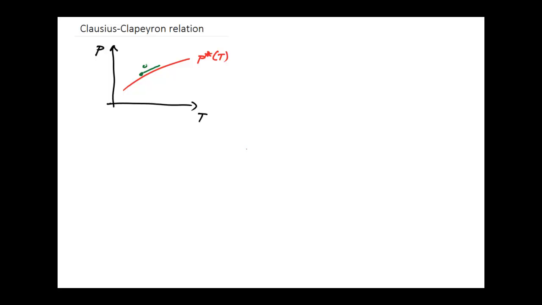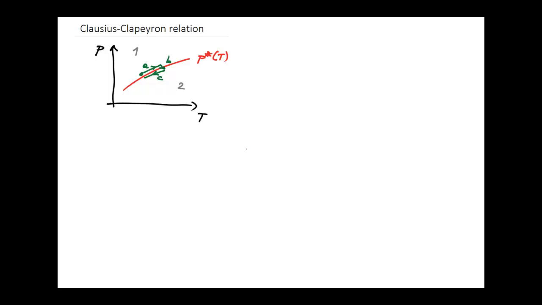This is our first step in this cyclic process. So in this first step, we are still completely in phase 1. Then we cross the coexistence curve. This is our step B. Then we move back along the coexistence curve, but just below the coexistence curve. This is our step C.